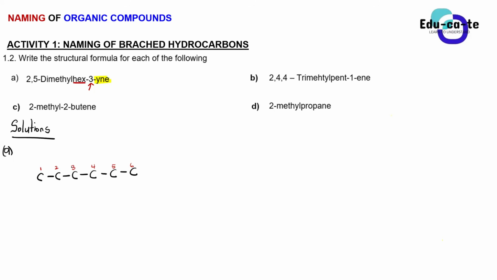Now on carbon 3, we must have a triple bond. What does this mean, guys? Will the triple bond be between carbon 3 and 4, or between carbon 2 and 3? Between carbon 3 and 4. Yes. Why must it be between carbon 3 and 4?